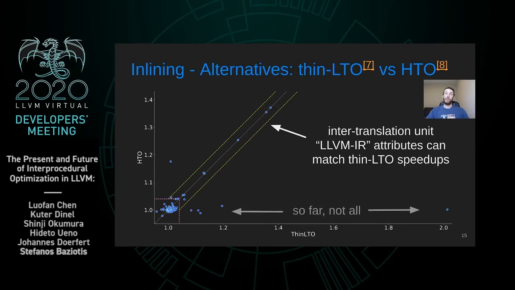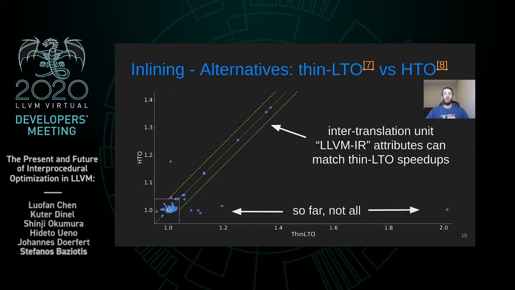However, there are certainly outliers where ThinLTO performs far better than HTO. Those can be cases where specialization for the one call site is important. We identified at least two of those to be indirect function calls, which you can specialize to be direct function calls. Similarly, it might just be that other caller-callee optimizations trigger after you inline.